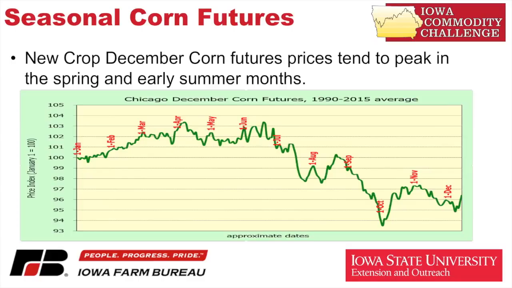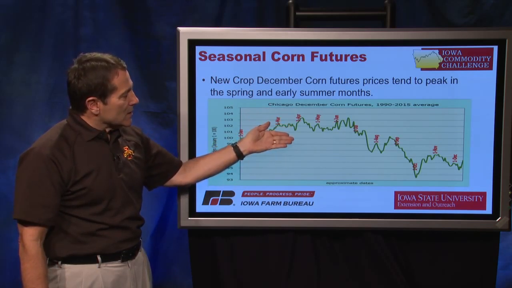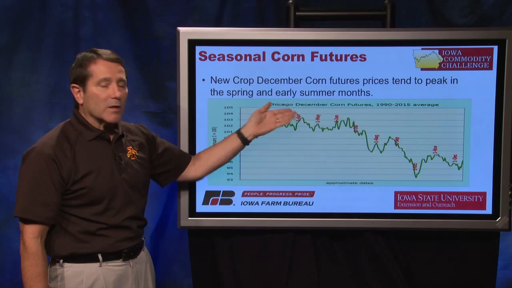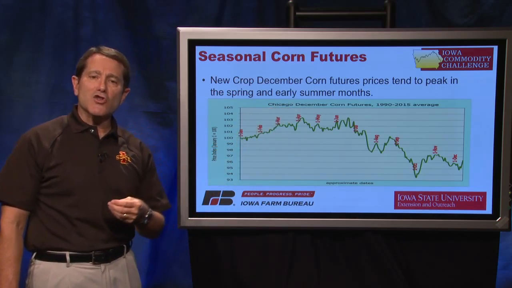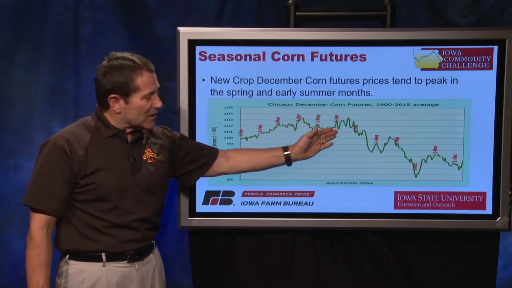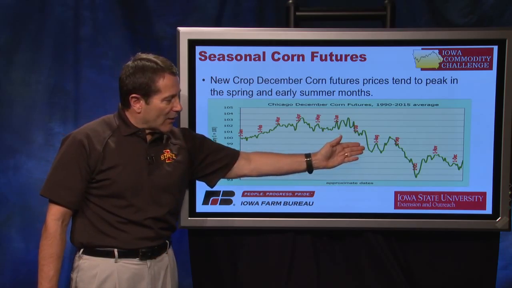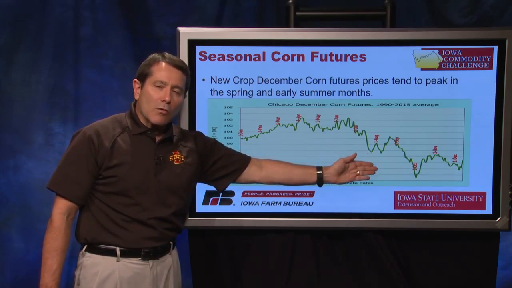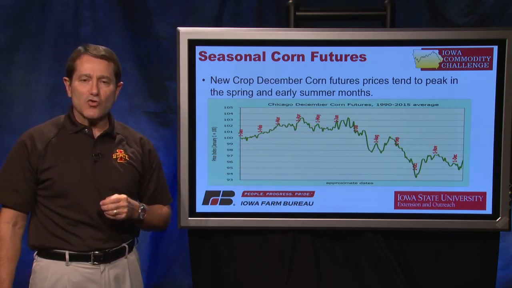And what we can start to see that typically over this 25-year period, corn futures, new crop December, tend to rally in the spring months, March, April, May, and June. But by the summer months, and especially into harvest, we start to see the decline on average in December corn futures. This we call the seasonal trends.